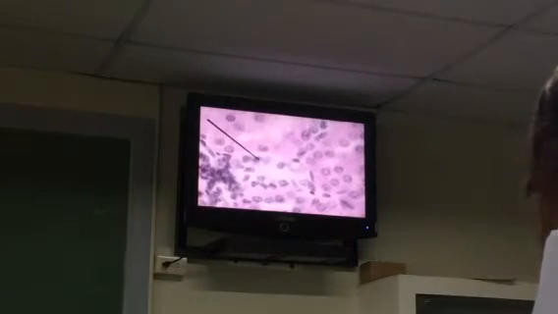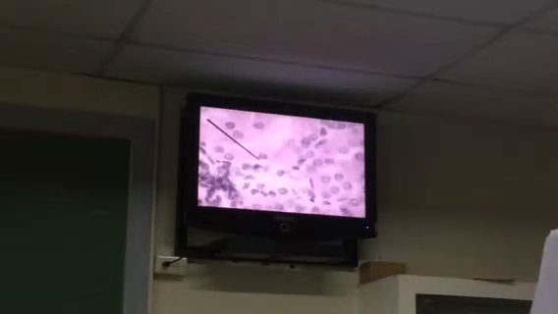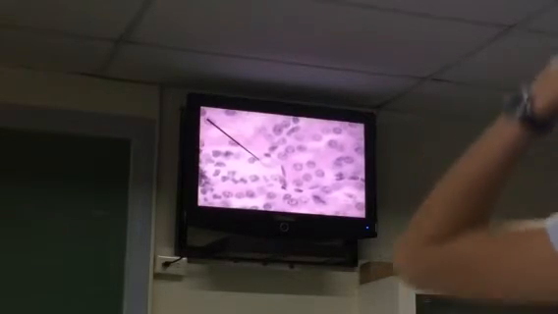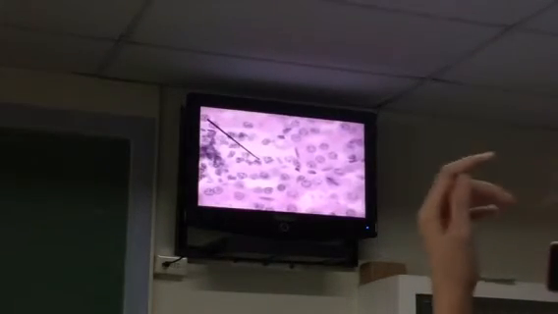Look at this. Remember what is this? What structure is this? Look at the lumen. It is big, clean looking. And you have a single layer of cuboidal cells. So what is that? Distal convoluted tubule. In the distal convoluted tubule, look at the nucleus.